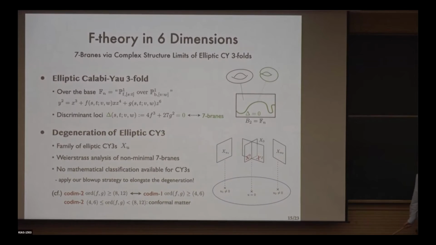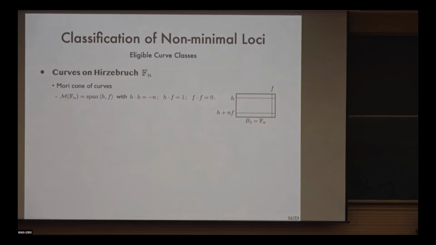But now we are describing everything in terms of the 7-brane loci, so we are using codimension 1 language here. Okay, so to again contrast with the K3 situation and the 8D situation, back then we had 7-branes sitting on points of the P1 base of elliptic K3.